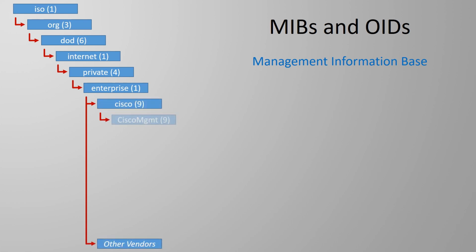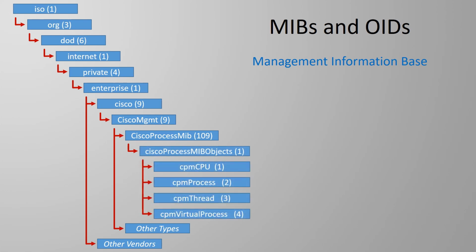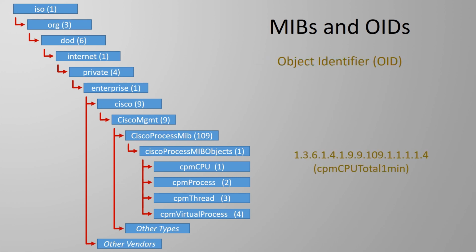A vendor like Cisco will release MIB files which you can download from their website and install on your management server. The MIB file contains information about how to use this hierarchy for their product. When we follow a branch of the MIB hierarchy to the end, we find an object. This will have a name, but it is also represented with a number.